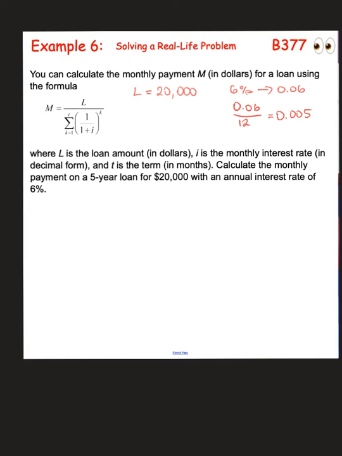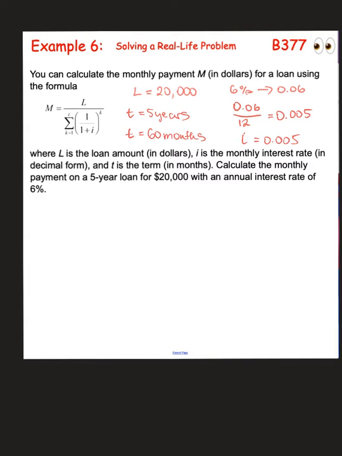So this is going to be the value of I, 0.005 in our formula. Since we want a 5-year loan, T is going to be 5 years. However, we need this in months. So T will equal 5 times 12, which is 60 months.